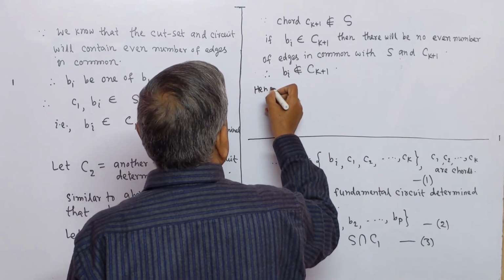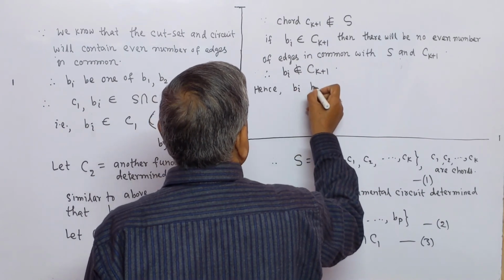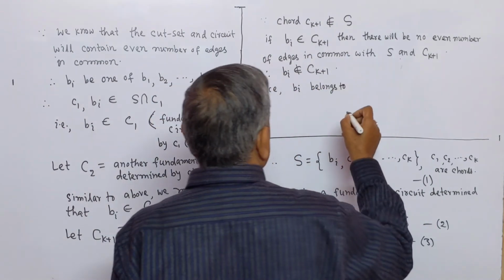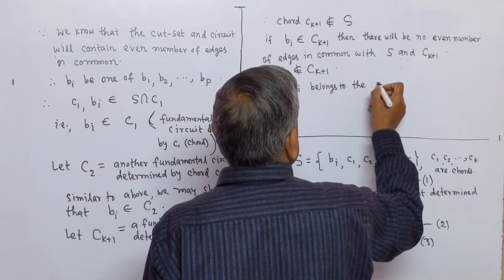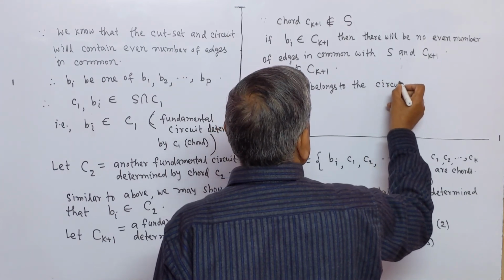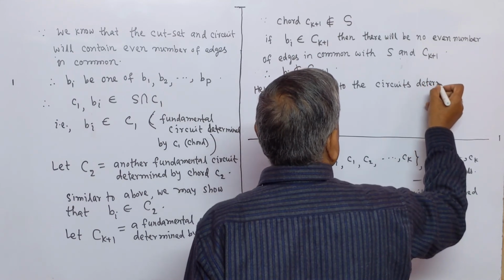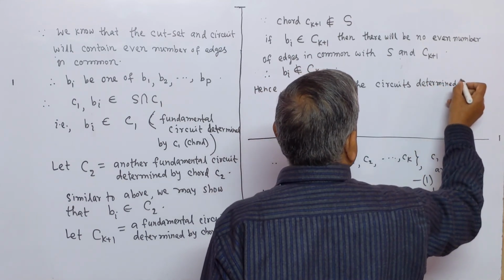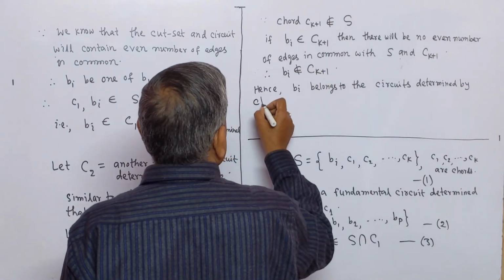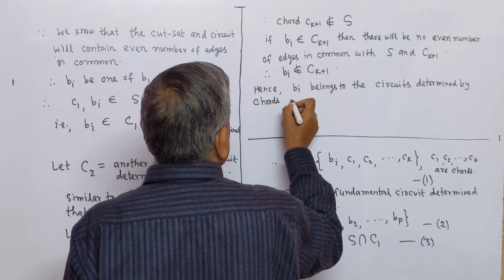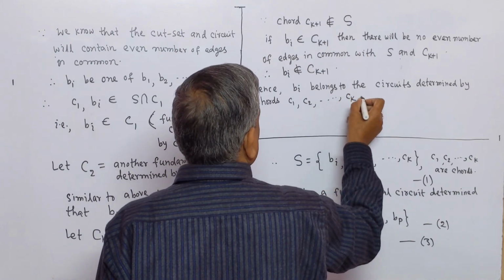Hence, Bi belongs to the circuits determined by chords C1, C2, Ck. Proved.